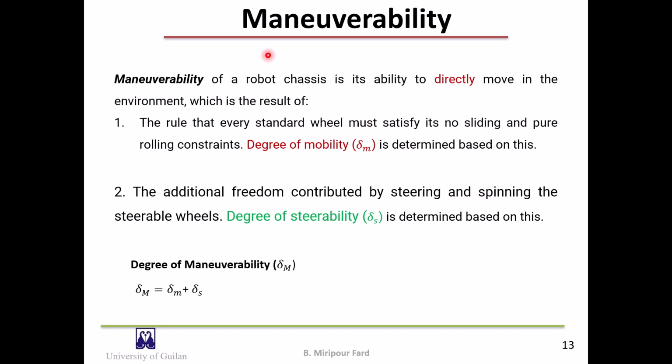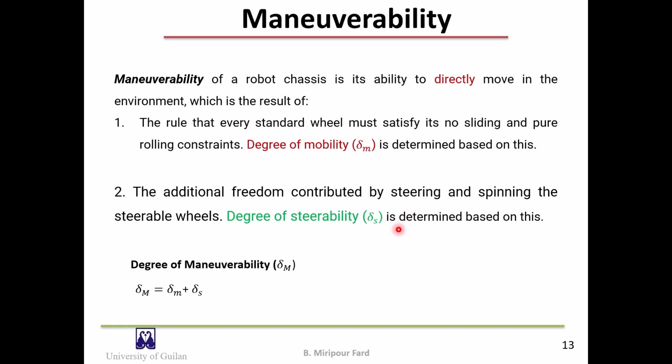And second, the additional freedom contributed by steering and spinning the steerable wheels, degree of steerability, delta S, is determined based on this.